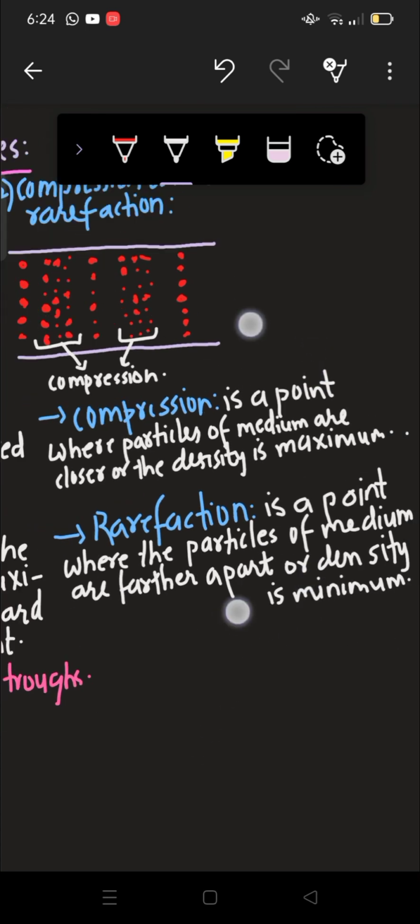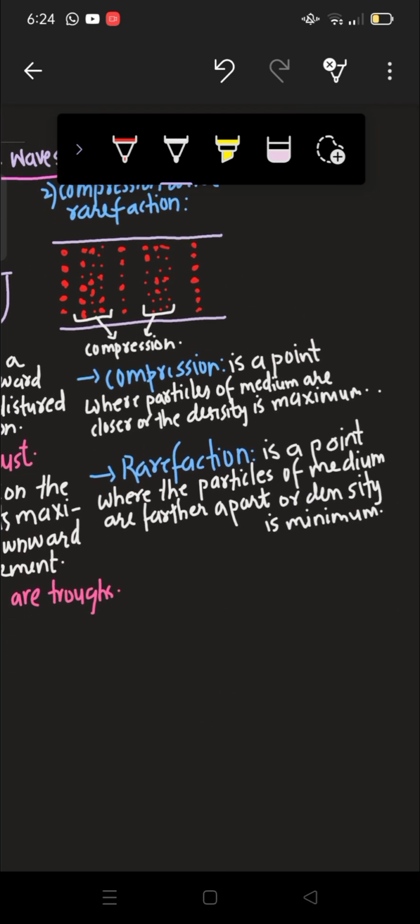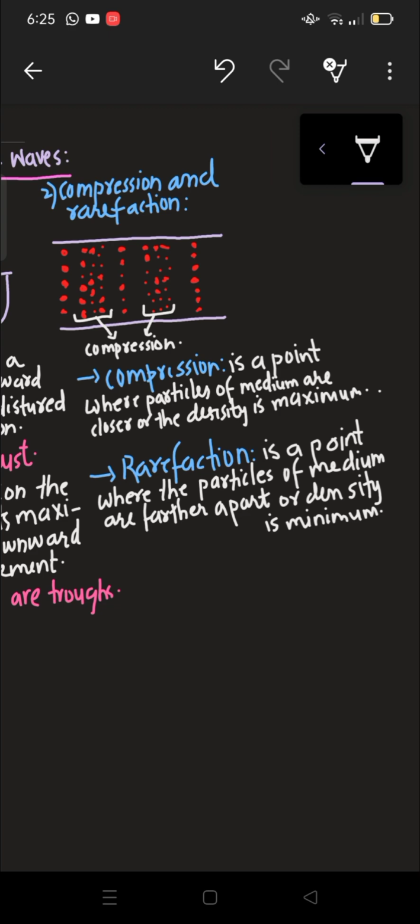Alright, so rarefaction is the point where the particles of the medium are farther apart or density is minimum. In compression we were talking about maximum density. Now we are talking about the minimum density, and particles are not closer but instead they are farther apart.